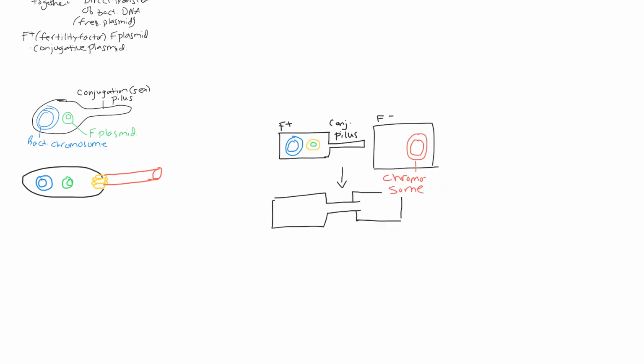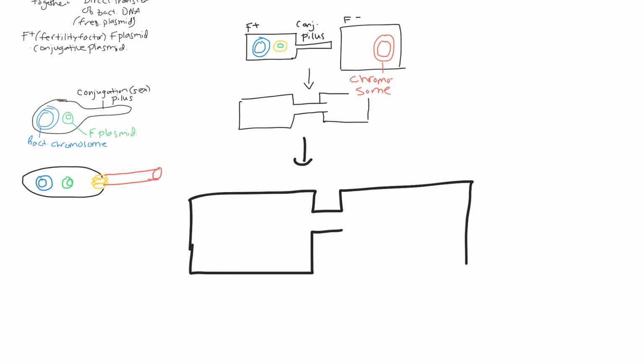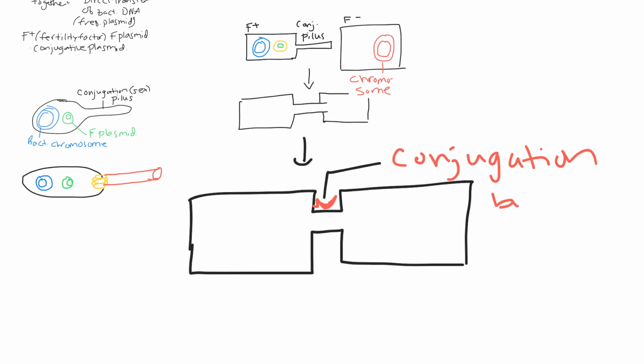Then it will retract and bring that bacterial cell close to it and form a little tunnel through there. So this part here, the actual connection between the two cells, is called the conjugation bridge. And it's actually an opening between the two.